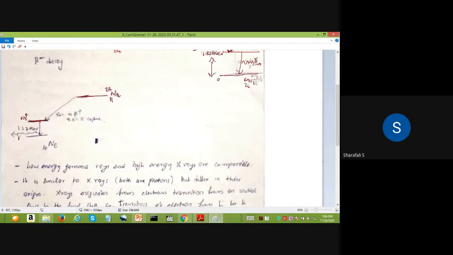It is going to go to the ground state with emission of gamma radiation coming out, with 1.27 mega electron volt. So that is the energy of this particular gamma radiation, when it comes from the excited state to the ground state of the neon.